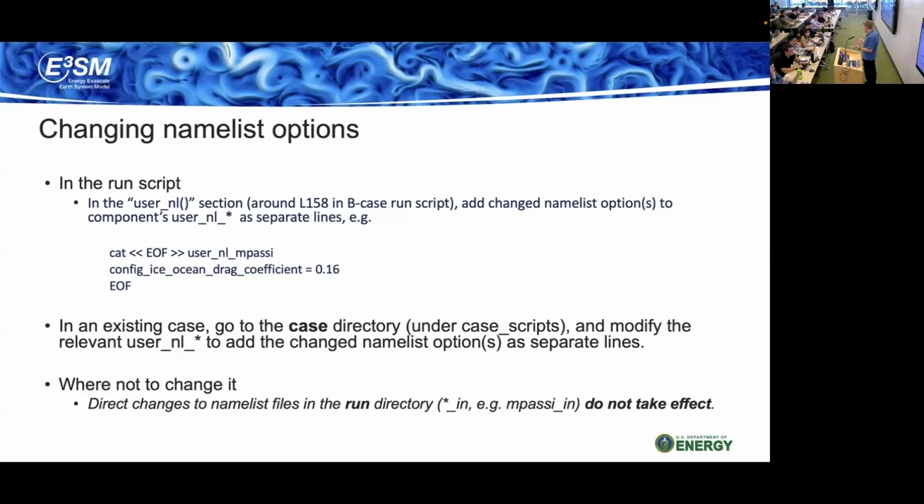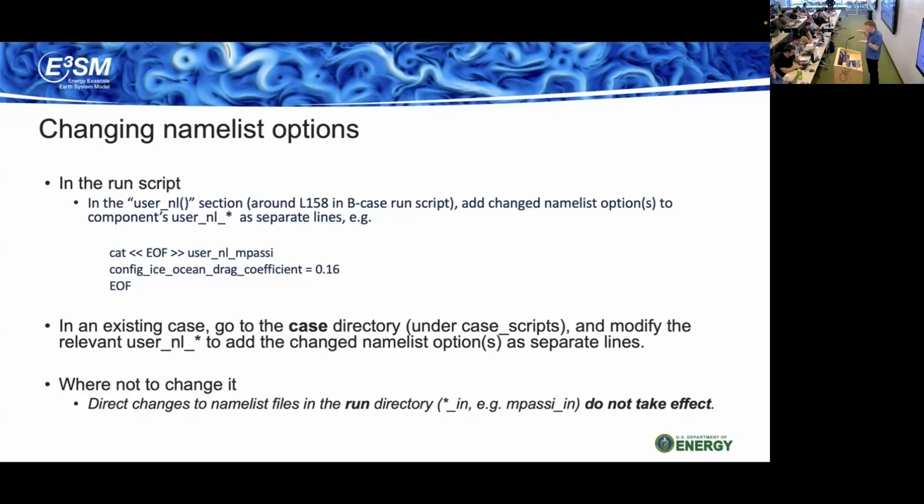So if you're running and you do a restart at any time during the run, you can add the namelist option there, and it's just a single one. Or in the run script, which you do at the very beginning, there's a place, and we're going to look at this in a minute. I'm just pointing out the two different ways to do it, that it actually puts into the user namelist file what those changes are. Okay, so we're going to actually take you through the details of it. I just wanted to give you that overview.